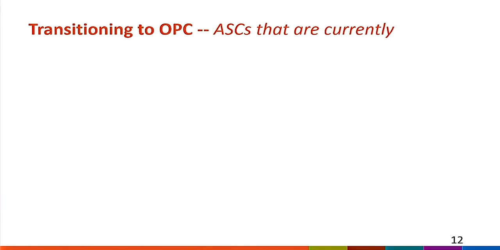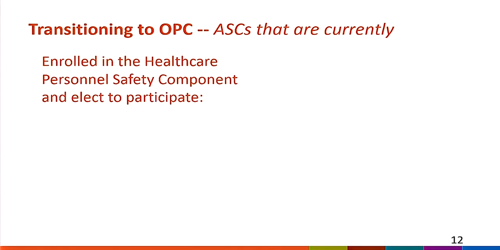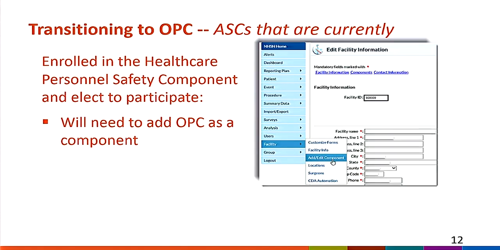ASCs that are currently only enrolled in the NHSN healthcare personnel safety component and they elect to participate in OPC, they will need to add OPC as a component within their reporting, and they will also need to complete the annual facility survey for ASCs.